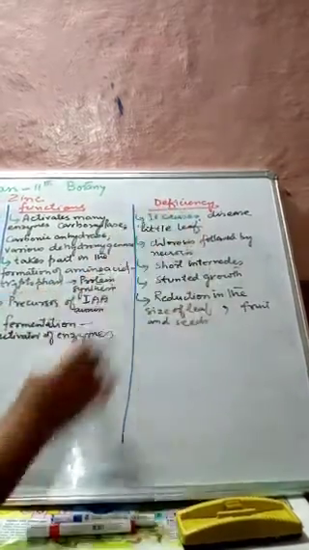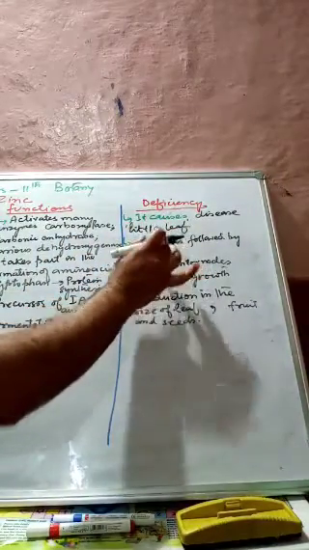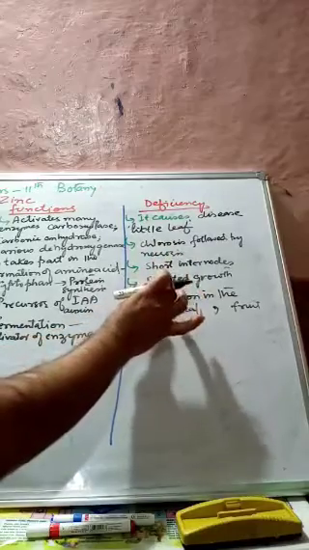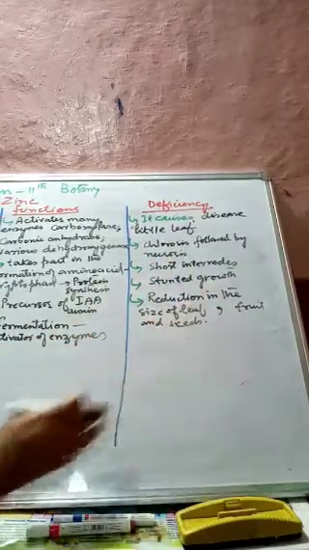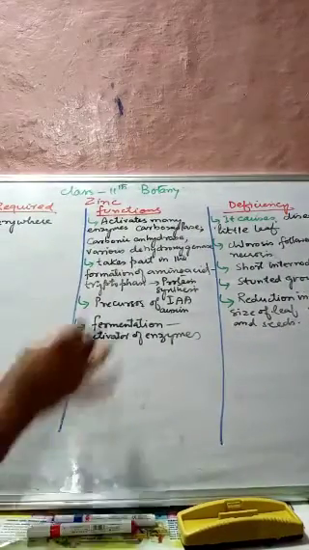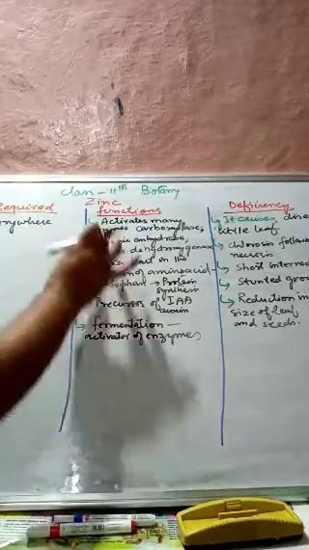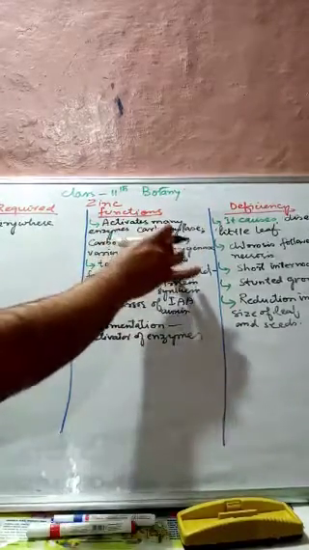It causes a disease which is called little leaf, that is, chlorosis followed by necrosis. There may be short internodes, stunted growth, and a reduction in the size of leaf, fruit and seeds. These are some of the deficiencies. And what are the main functions of this zinc? It activates many enzymes like carboxylase, carbonic anhydrase, dehydrogenase.